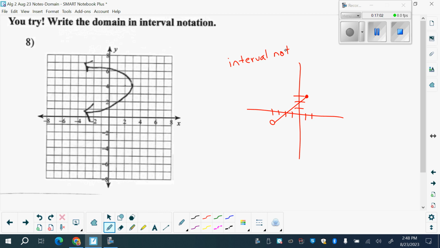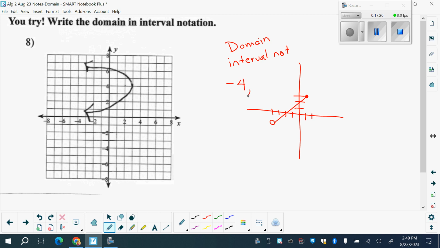Smallest number here for the domain. It's easy to get the x and the y mixed up. So what's the smallest domain x value? -4, right? So that x value is -4.